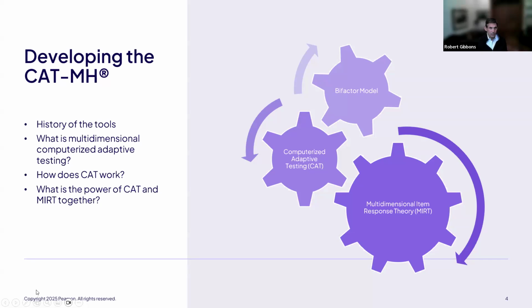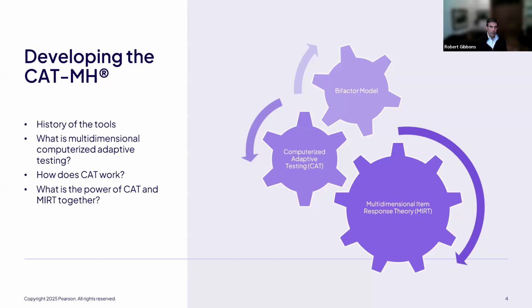Computerized adaptive testing based on unidimensional item response theory for educational assessments, things like mathematical ability and verbal ability, has been around for about 30 years. The problem is that complex traits like depression, where the items come from domains of mood disorder or cognitive impairment or somatization or suicidality, don't fit unidimensional IRT models.